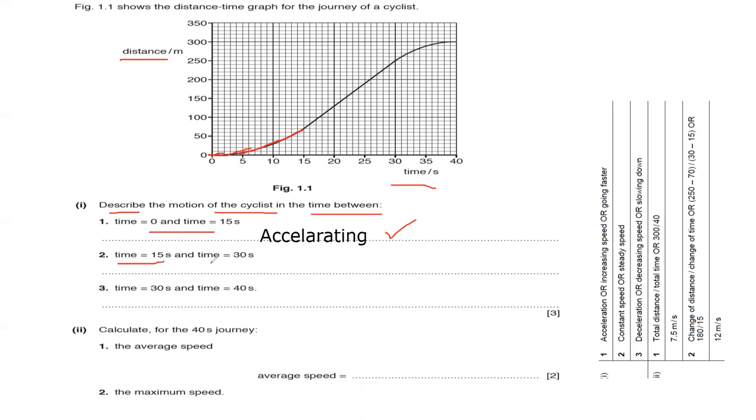Then from 15 seconds to 30 seconds, what is happening? It's a straight line on a distance-time graph. When it's a straight line on a distance-time graph, it shows that the speed is constant or not changing, or you can say it is a uniform speed.